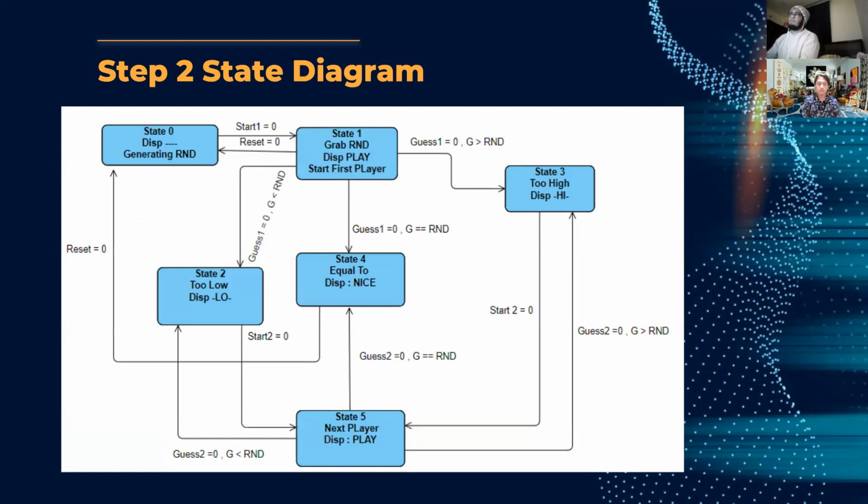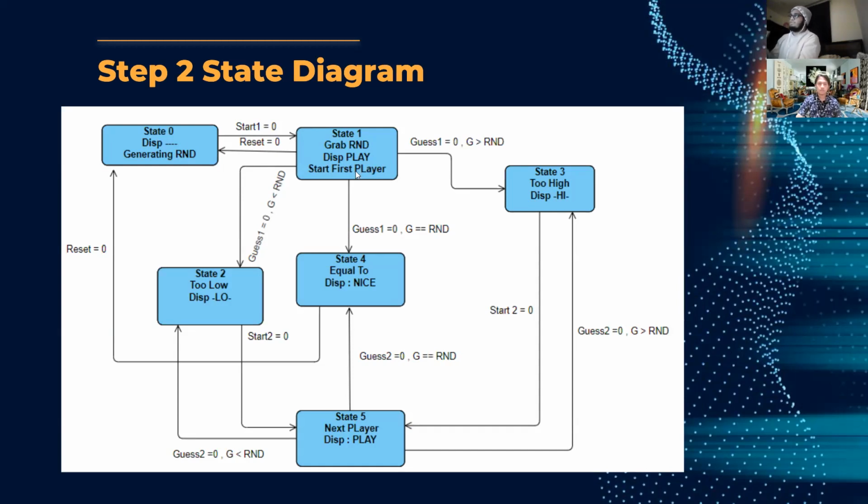When starting the game, the machine generates a random number and displays nothing, which is state 0, and goes from state 0 into state 1, where the players start the game and the machine displays play.